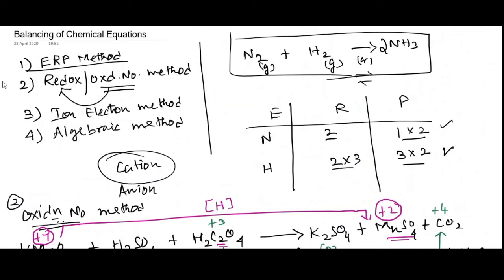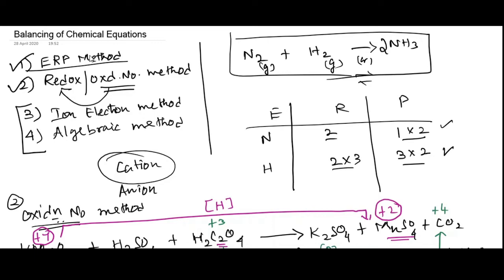We have completed the normal ERP method and the oxidation number method in solving redox equations. And we have these two more methods, so that will be discussed in the next class. So before that, let me have a summary of the entire thing we have discussed.